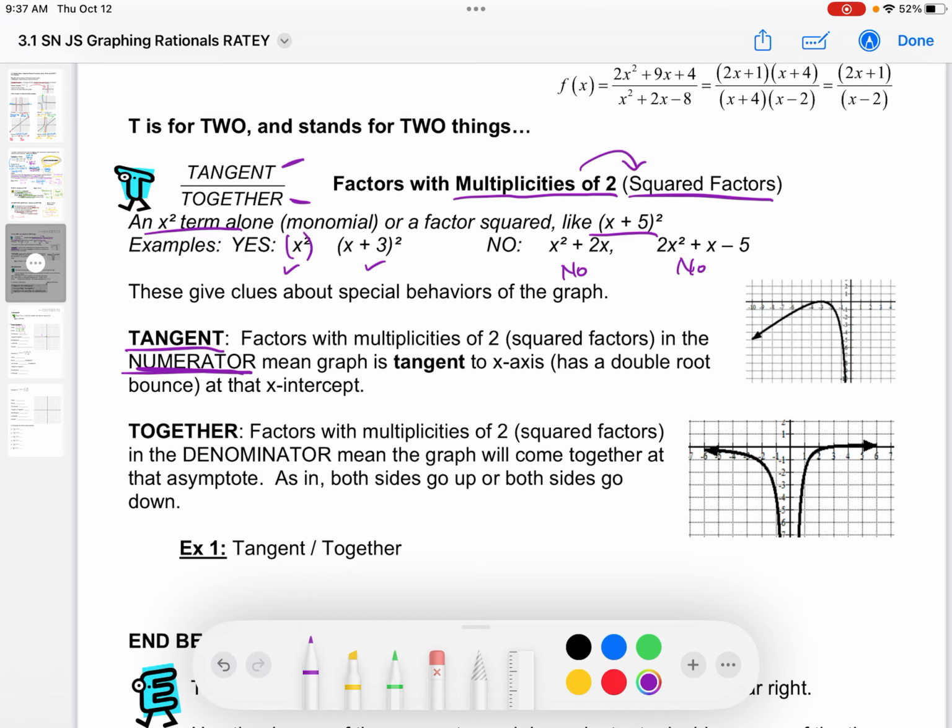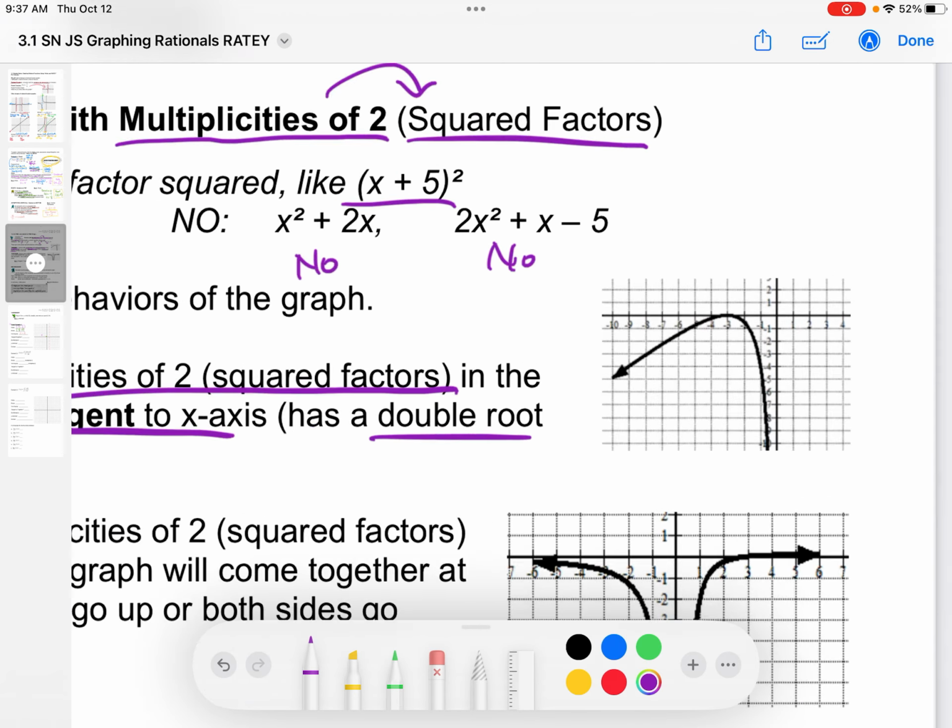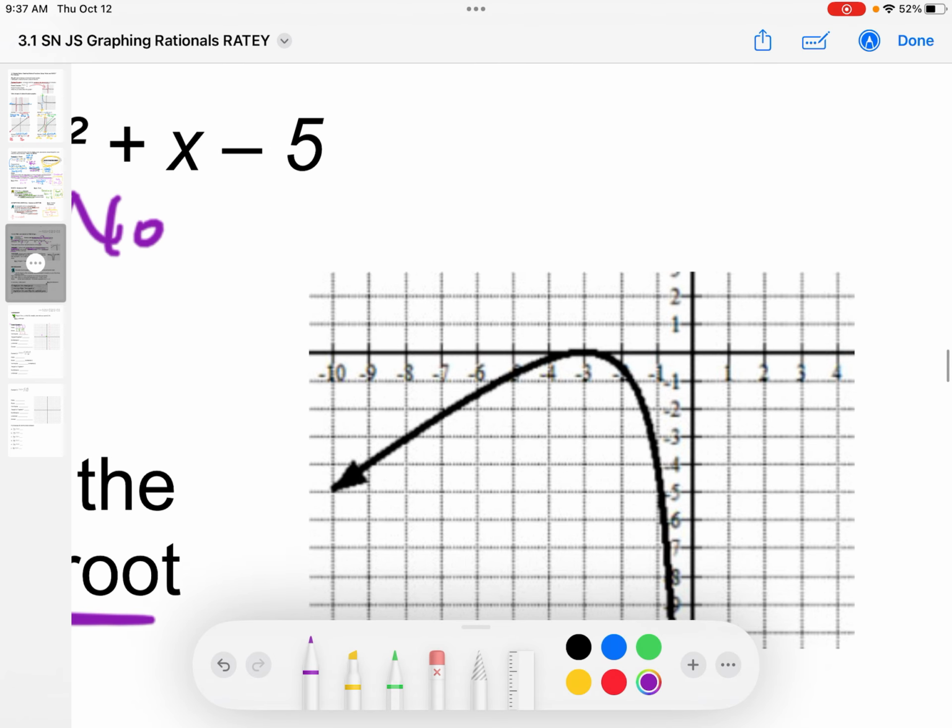And here's what happens with tangent and together. They give some clues. There's a tangent in the numerator. It's a squared factor in the numerator. Just like with polynomials, that is a tangent root. It's tangent to the x-axis. That is the double root bounce that we saw with polynomials. So if we look at this piece of a rational function here, we have a root that crosses the x-axis at x equals -3.